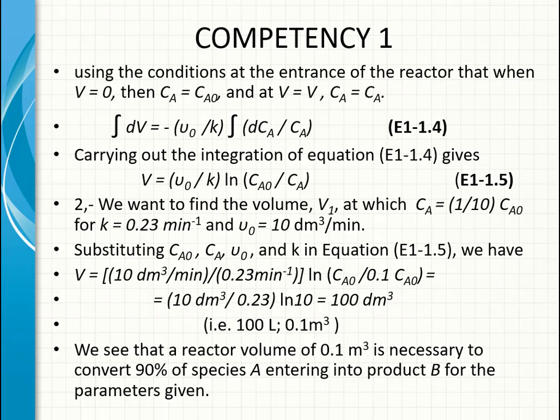So we will come to a volume of 100 liters or 0.1 cubic meters. Then we see that a reactor volume of 0.1 cubic meters is necessary to convert 90% of species A entering into product B for the parameters given.